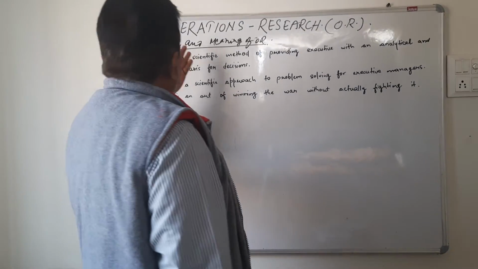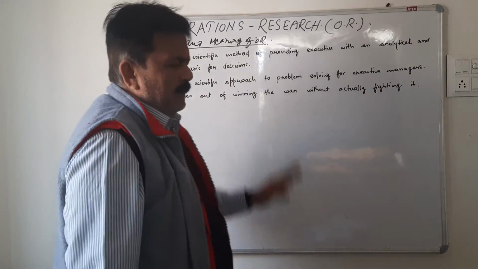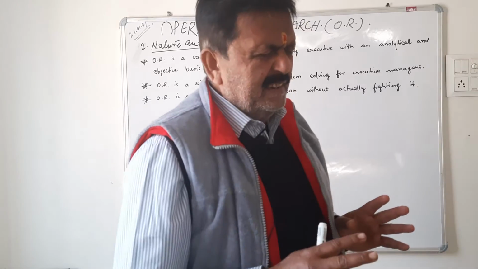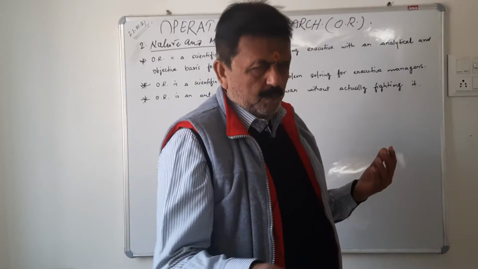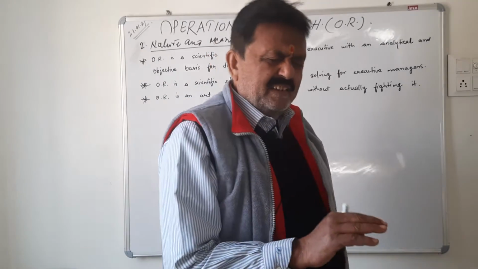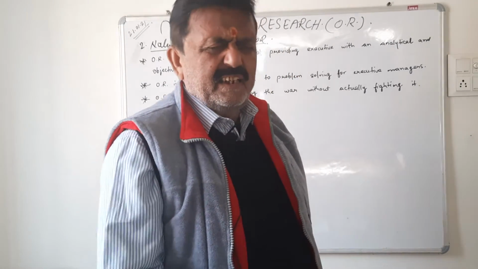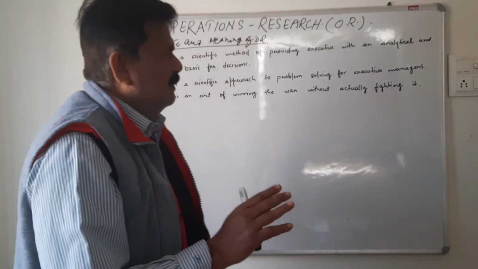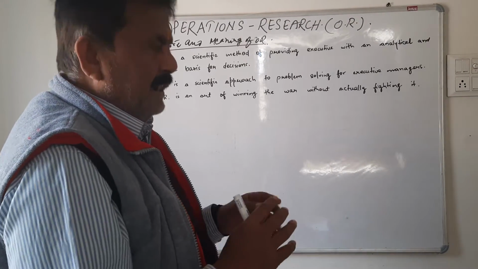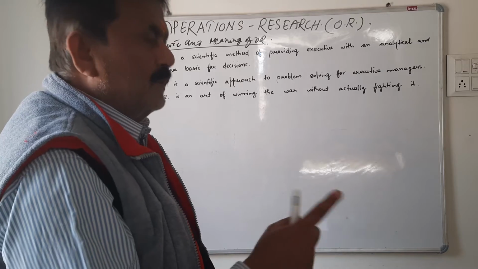Now the second point, nature and meaning of OR. What happened during the World War? The scientists and researchers from various disciplines, as I have told earlier, from mathematics, statistics, economics, physics, engineering, and other fields, sat together, made the strategic plan, and handed the plan over to the executive managers to take the decision.